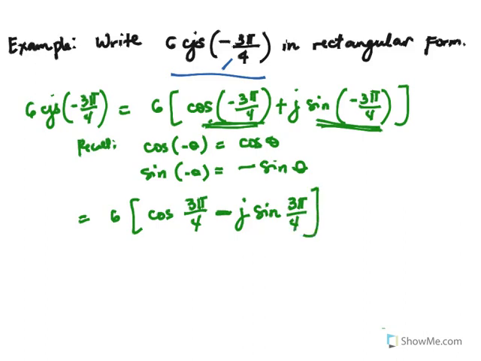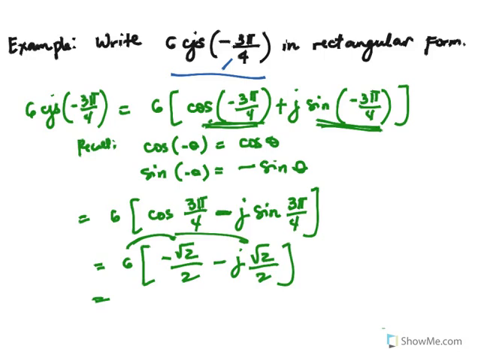Then, we just plug in the exact values of cosine and sine 3 pi over 4. So, cosine 3 pi over 4 is negative square root of 2 over 2. And then sine 3 pi over 4 is positive square root of 2 over 2. So minus j square root of 2 over 2. Simplifying further, distribute, you will have here negative 3 square root of 2 minus j 3 square root of 2.